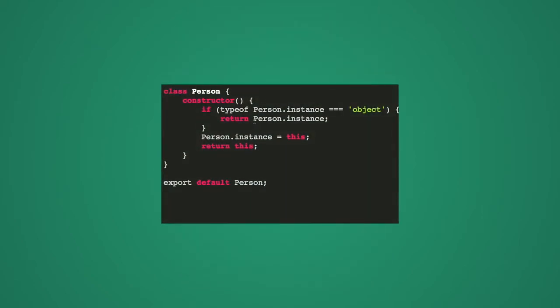We ensure that by checking if we have created an instance before, and if we had, we return that instance automatically. And if this is the first time this class is being instantiated, then we create that instance and save it for later use. So when you try to instantiate it a second time, we make use of the first one and we return the first one.